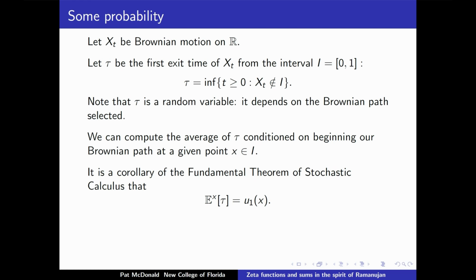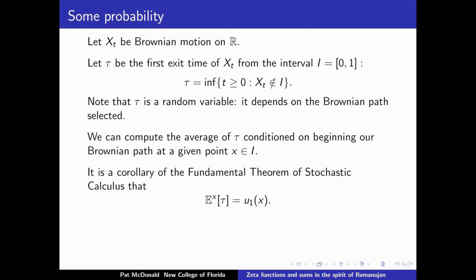Okay. So then it turns out, in some sense, this is the reason that stochastic calculus was built. It is an immediate corollary of the fundamental theorem of stochastic calculus that if I compute the average of this exit time, what I get is that function U1. That's where it comes from.